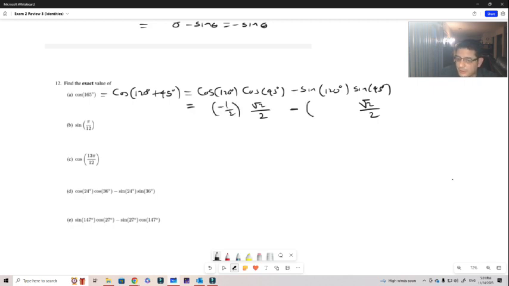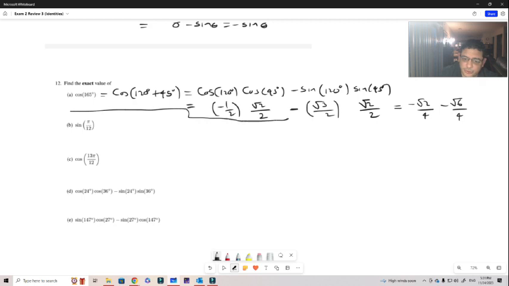And the sine of 120 is a square root of 3 over 2. So these values come from the special angle values, which is something that you should have in mind when you're doing this type of exercise. So now this is minus the square root of 2 over 4, and over here minus the square root of 6 over 4. And so that's pretty much going to be your answer in here.